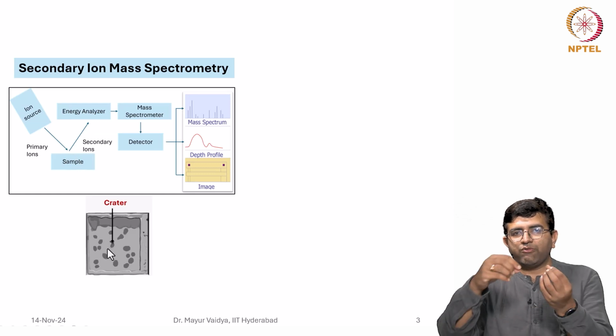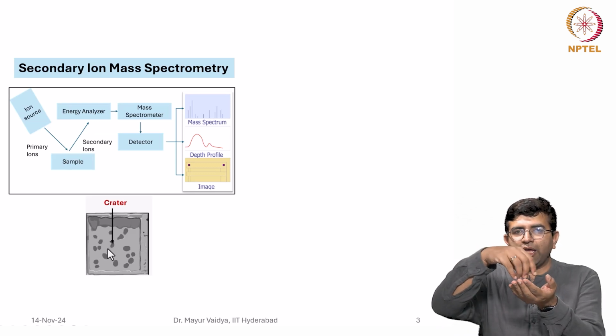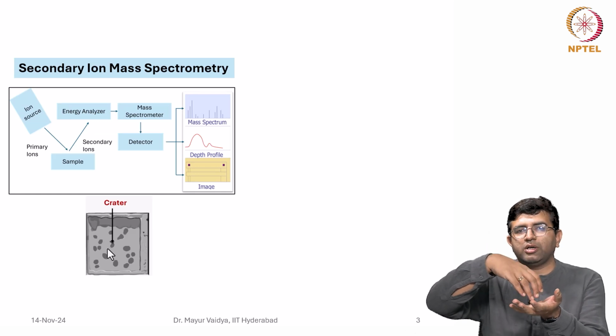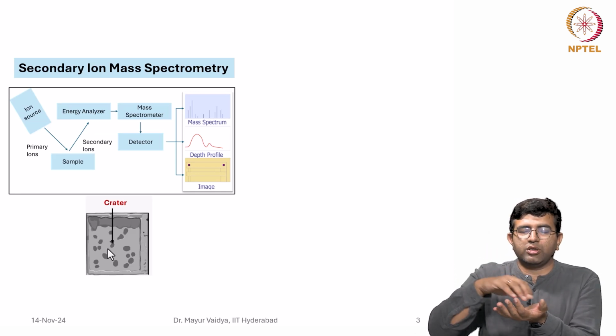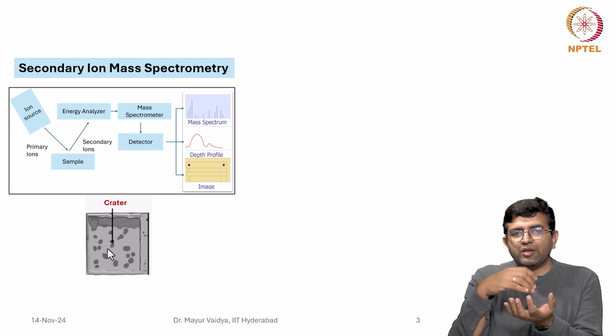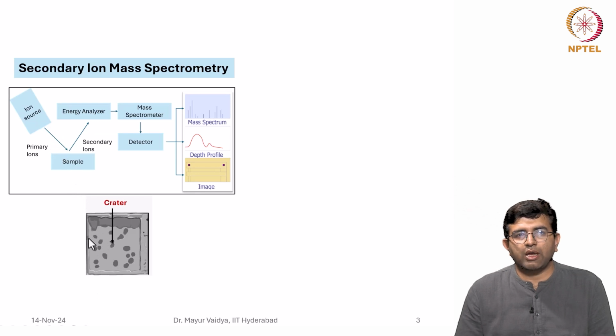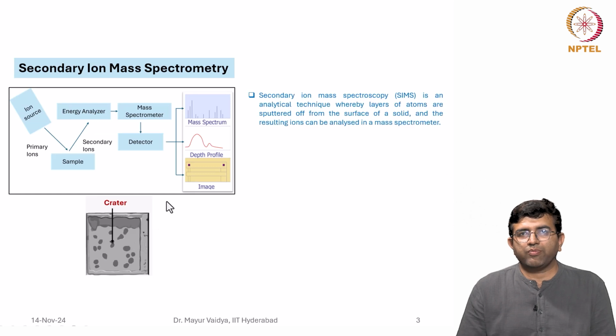For example, the ion beam may remove one layer, two layers, or even 100 layers. Depending upon the number of layers removed from the target material, a crater is created. Similarly, you can choose several areas of interest where your primary ion beam hits the target, and different craters are created.